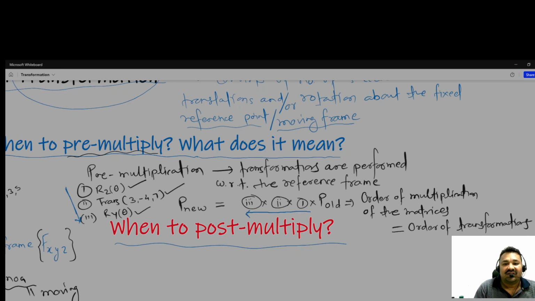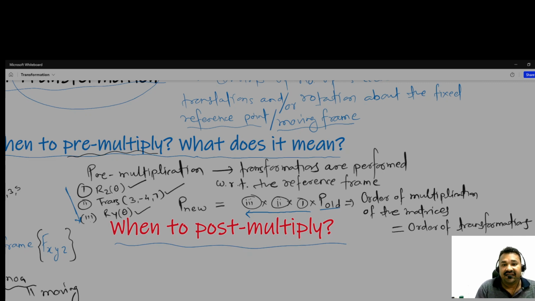ठीक है. मतलब सबसे पहले जो ट्रांसफॉर्मेशन हुआ दैट इज प्री मल्टीप्लाइड बाई द पी ओल्ड. ओके. जो भी पॉइंट्स दिए हुए हैं, the coordinates are given, then the second is pre-multiplied to first, then third is pre-multiplied to second.